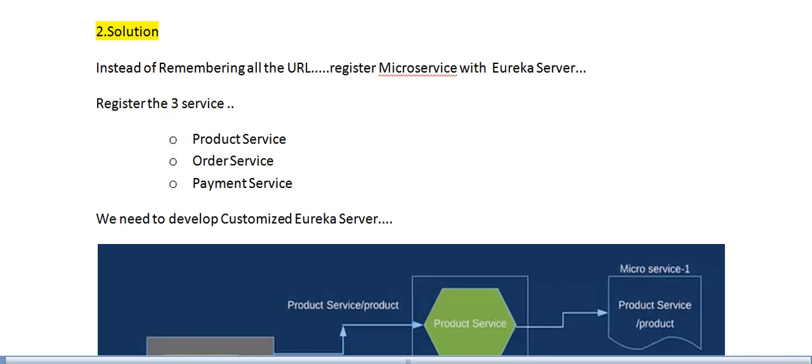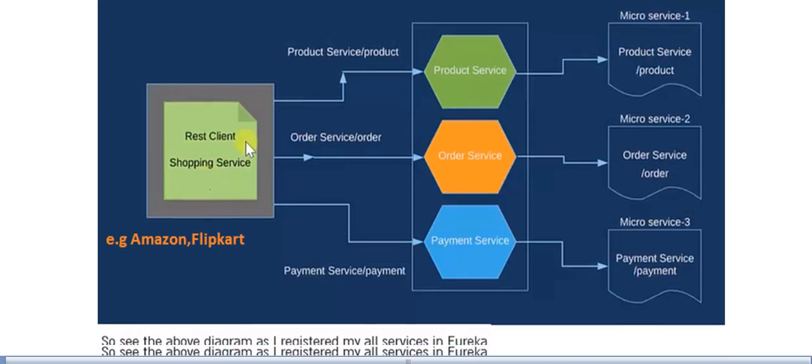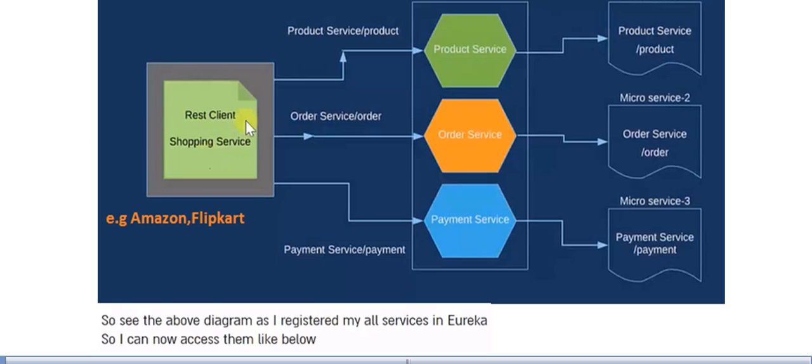So we have to create one application which will register all of them. Then we remember that this is the product service, this is the order service, instead of localhost and the port number. So we need to develop a customized Eureka server first, which will register these services.